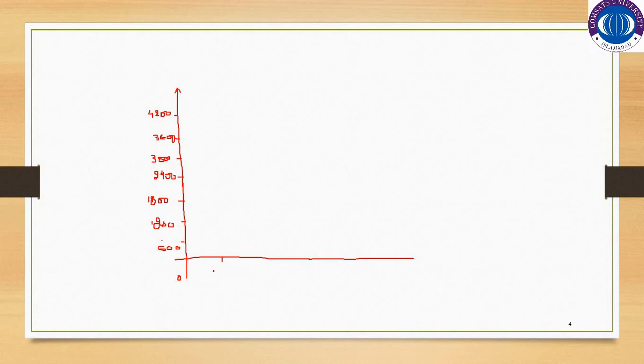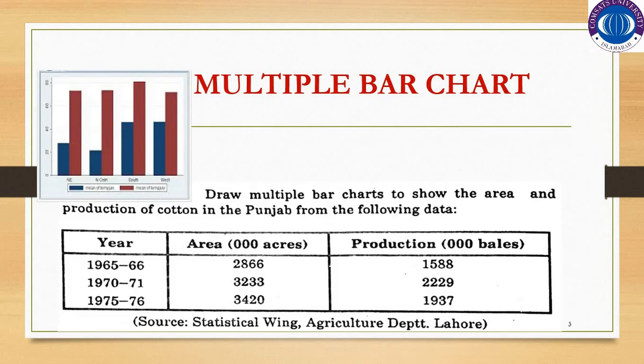The very first year is 1965 to 66, and the area is 2866 and production of cotton is 1588.